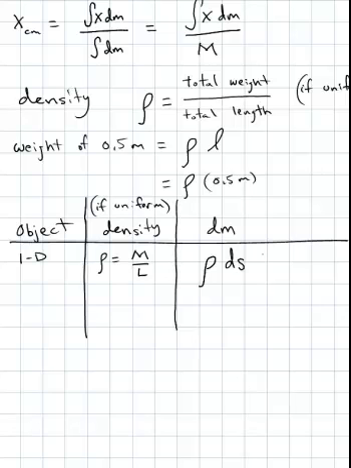Usually in physics we call that ds, some little tiny length element, and it depends on what your coordinate system is. ds might be just dx if your object lies along the x-axis. It could be dy if it lies along the y-axis. It could be dr if it's a radial direction. So I'll just put ds, a one-dimensional tiny bit of length.